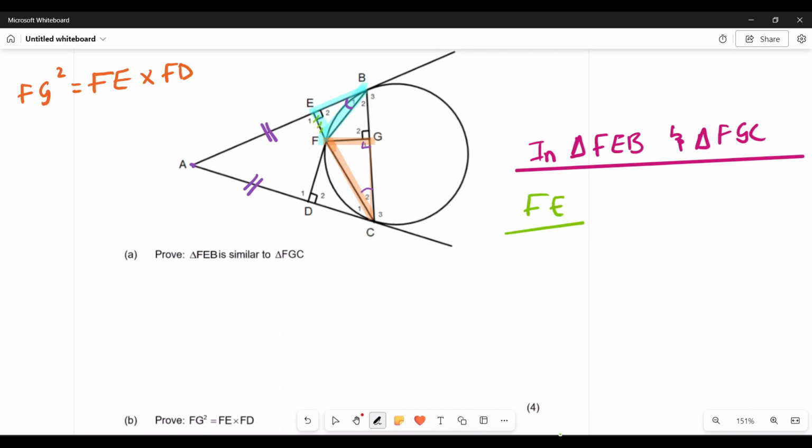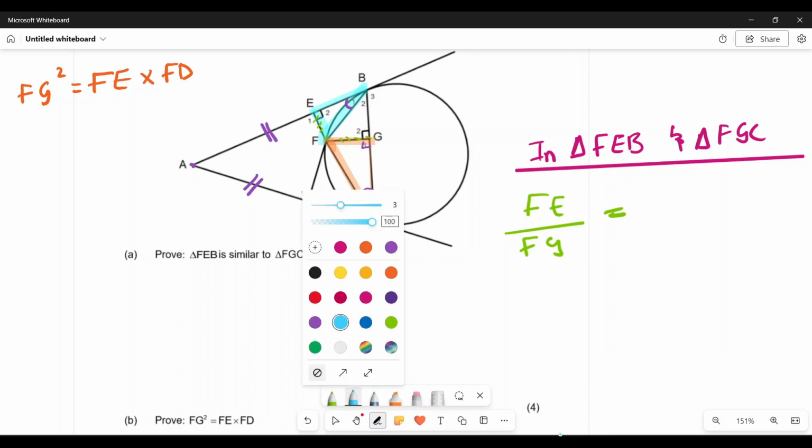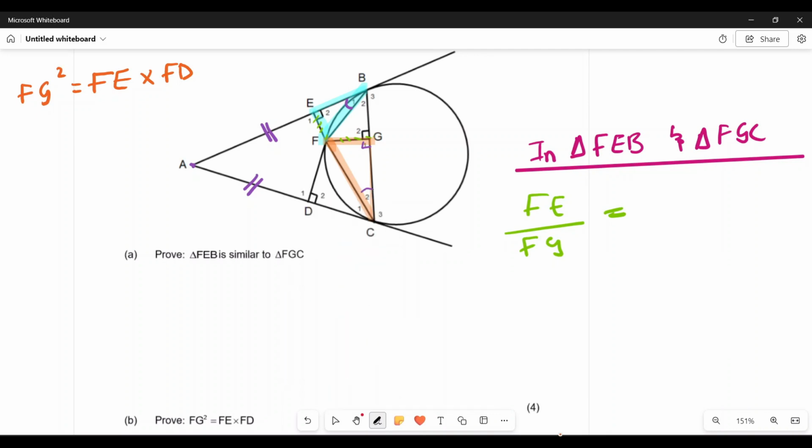This is equal to, let me choose another two sides which are similar to one another. My FB, which is my hypotenuse, and the hypotenuse on this side is FC. So here I can say FB over FC, and for the last remaining sides, which are common, I could use EB.